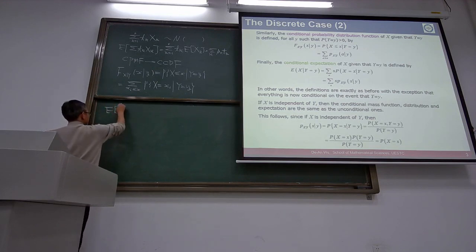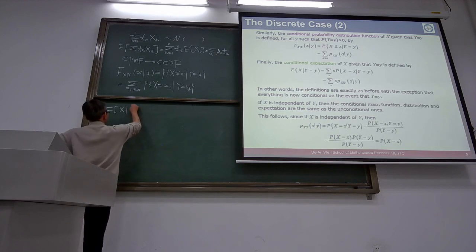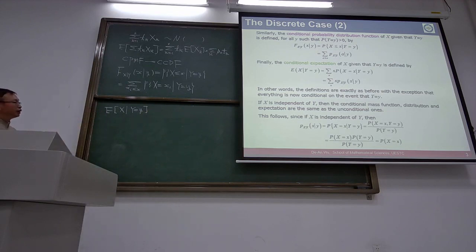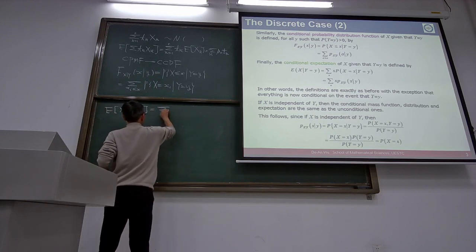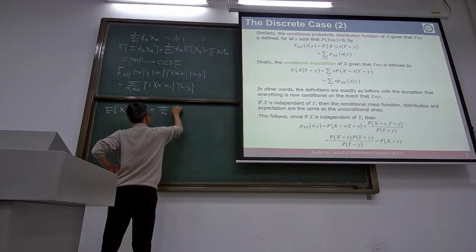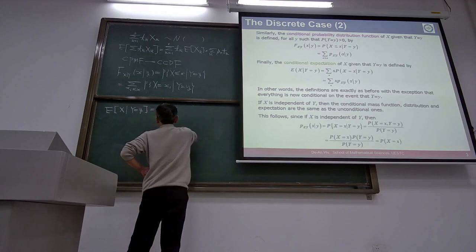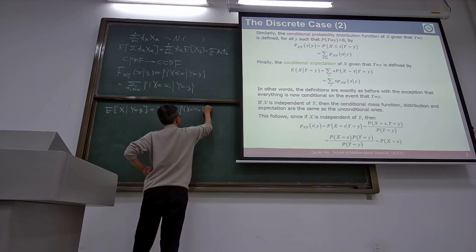A notation is like this. For example, the conditional expectation of X given Y equals small y can be calculated over all possible values xk: the sum of xk times the probability that X equals xk given Y equals y.